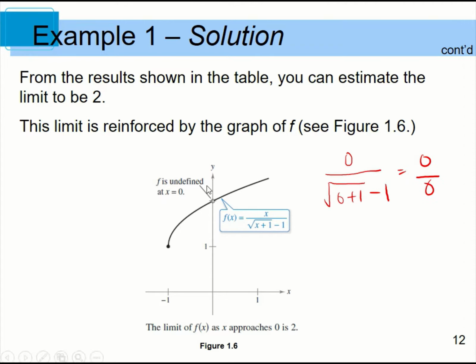The value of y is undefined when x is 0. However, from the graph, we can see that y approaches 2. The y approaches 2 when x approaches 0.